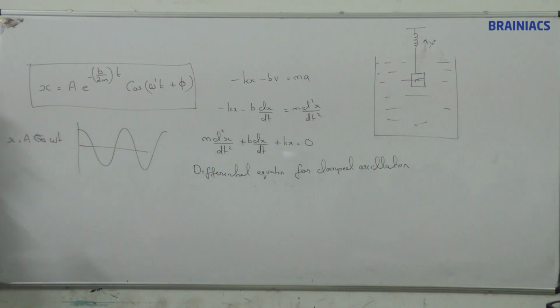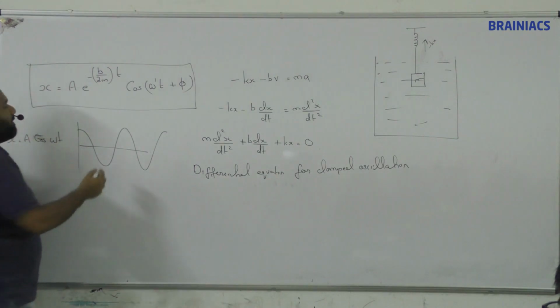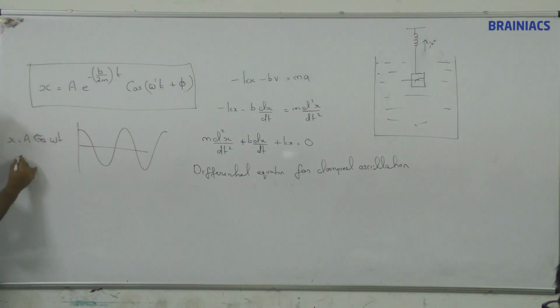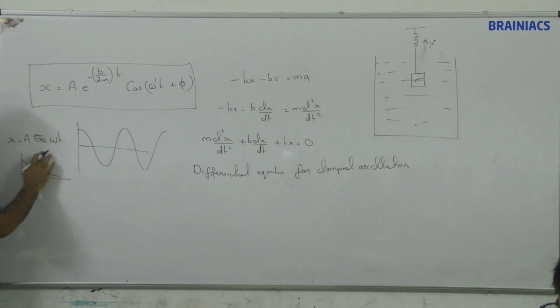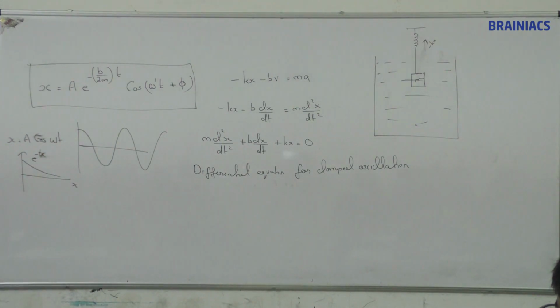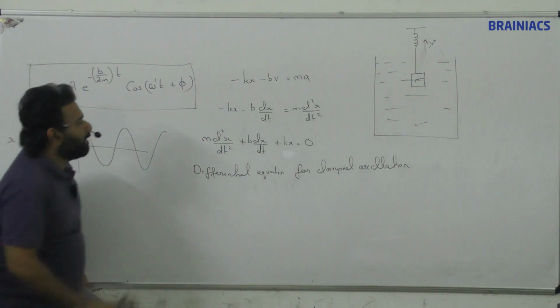Now cos omega t is there, and e raised to minus t will give what shape actually? This is the shape of e raised to minus x. If this is x, then e raised to minus x shape is that one. Clear? You know that, right? Okay, now we will put everything together.